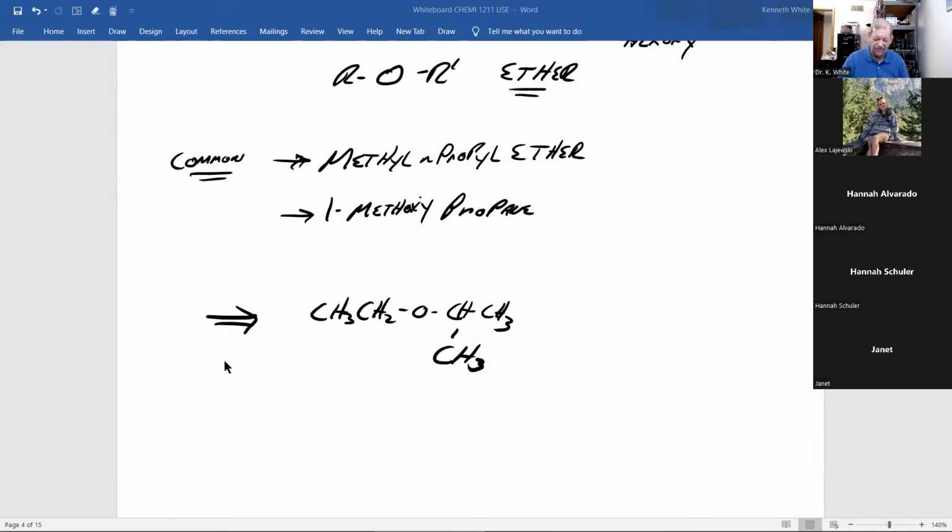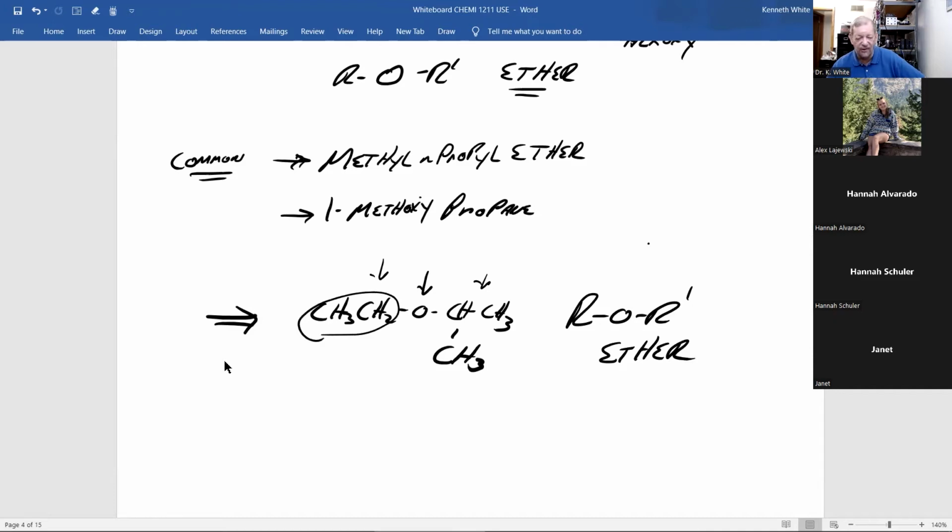All right, let's get going. If we look at this, what's different? An oxygen, it's got carbons here, carbons here. This is an ether. And if I look at this R group, it's ethyl. This is an isopropyl.